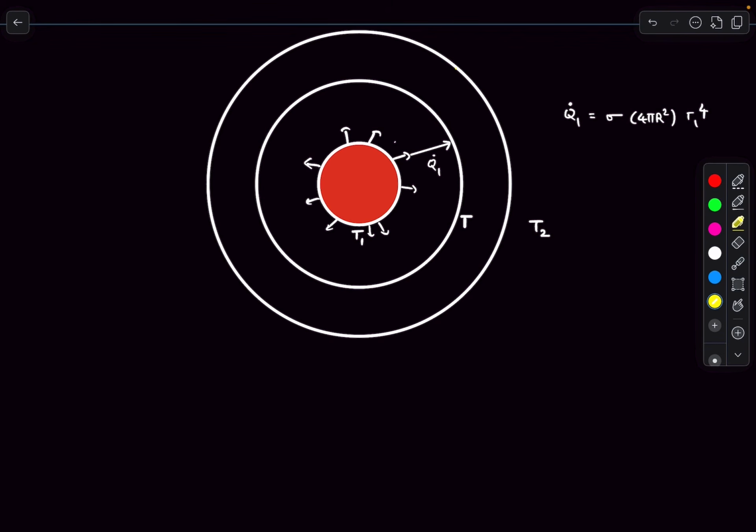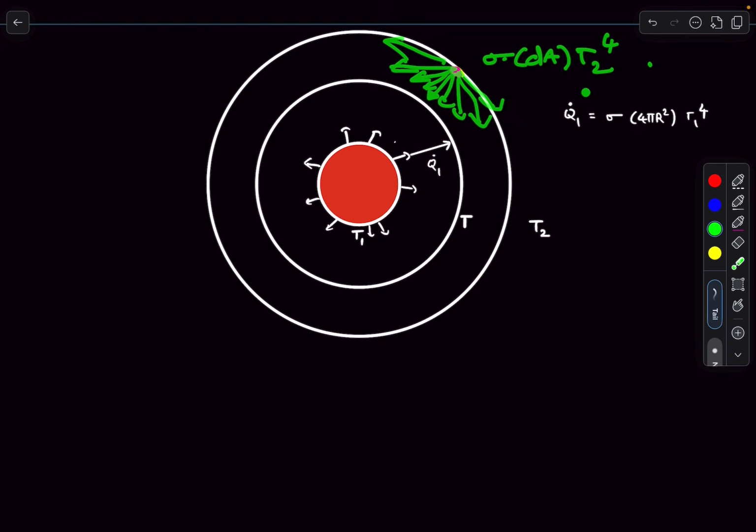So now let's talk about the heat that is coming from the outer shell to the middle shell. So this is a bit more tricky, because if you observe, if you take a patch of area dA, this will emit heat equal to sigma dA T2 power 4, right? And this will be emitted in all possible directions, right? Because it's a patch of area dA, and it will emit radiation along the 2 pi steradian solid angle, right?